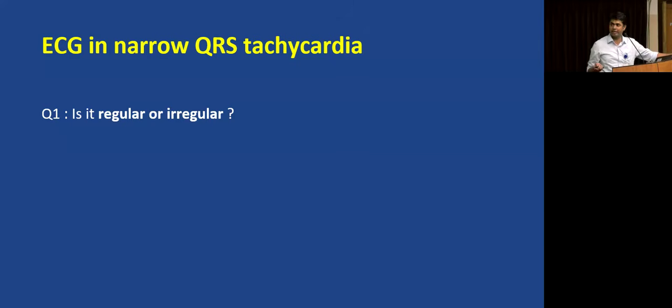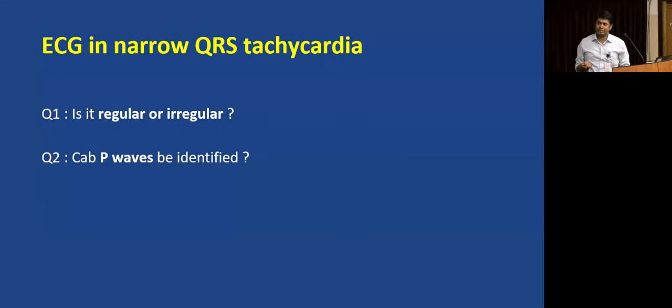So when you have a regular tachycardia, it's one of these four: AVNRT, AVRT, AT, or atrial flutter with some form of 2:1 conduction. When it is irregular, it's either atrial fibrillation or multifocal atrial tachycardia. Multifocal tachycardia is rare, but we sometimes see ECGs, especially from pulmonary medicine, where the patient is admitted with exacerbated COPD. It looks like AF, but you can find distinct P waves with multiple foci.